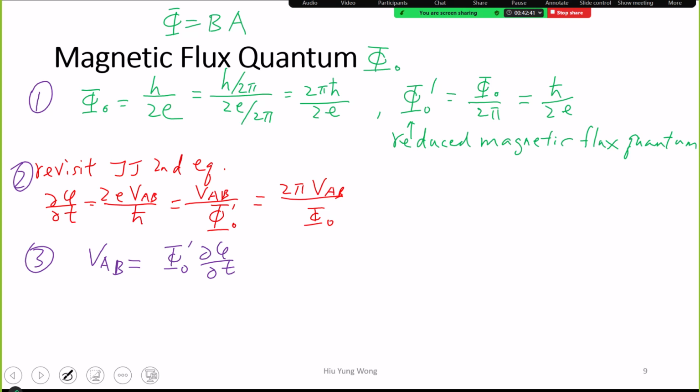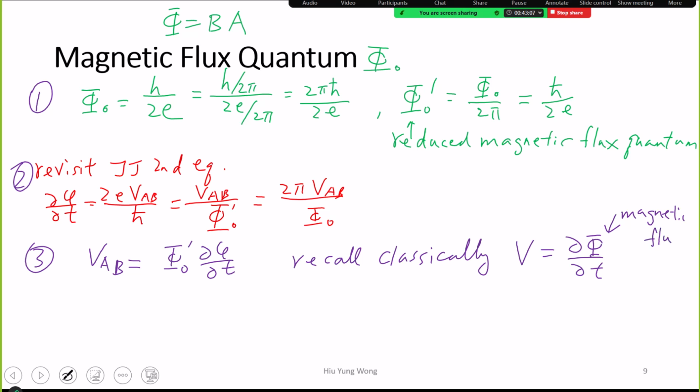So let's recall, classically, do you know a voltage will be induced if you have a change in the magnetic flux? In a coil, if the magnetic flux changes, you will induce voltage.